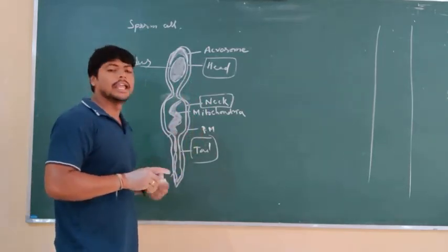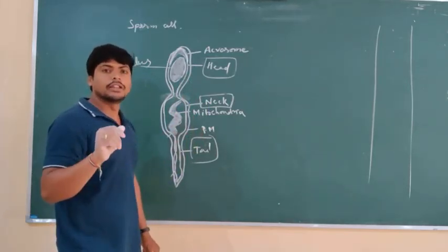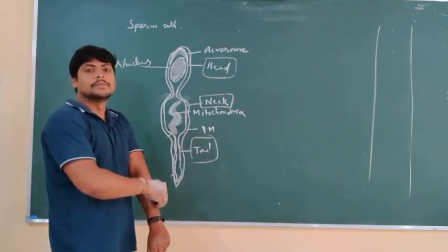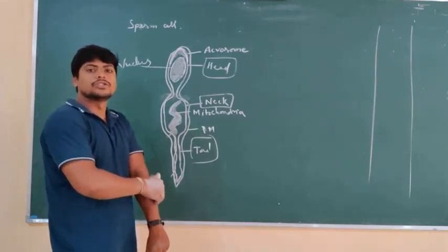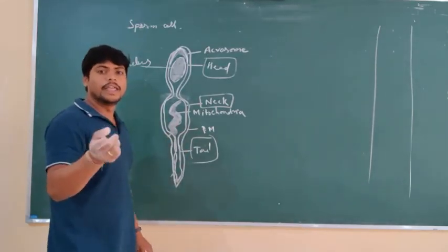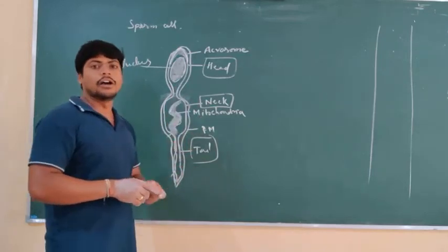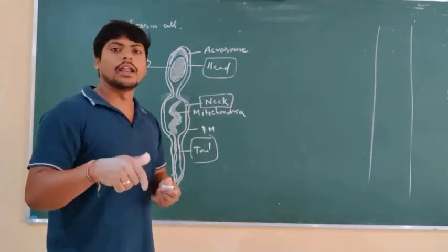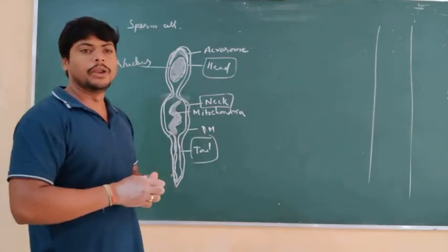The tail is the locomotory organ and helps in swimming, causing the sperm cells to reach near the ovum. There it releases the nucleus into the ovum, causing fertilization and allowing the development of the embryo.